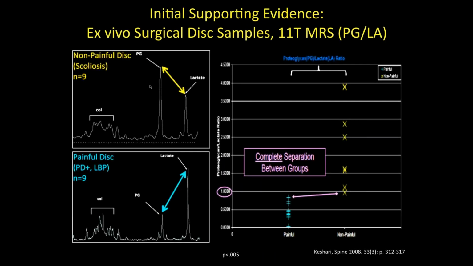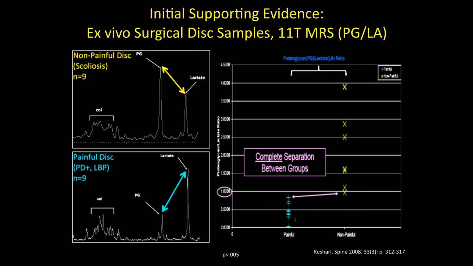This comes from MR spectroscopy studies. This was partly data that we obtained, or we obtained data very similar to this. This is using MR spectroscopy. This is the lactate peak, and in normal discs, the lactate peak should be significantly below the proteoglycan peak. In painful discs, the lactate peak is significantly higher than the proteoglycan peak.